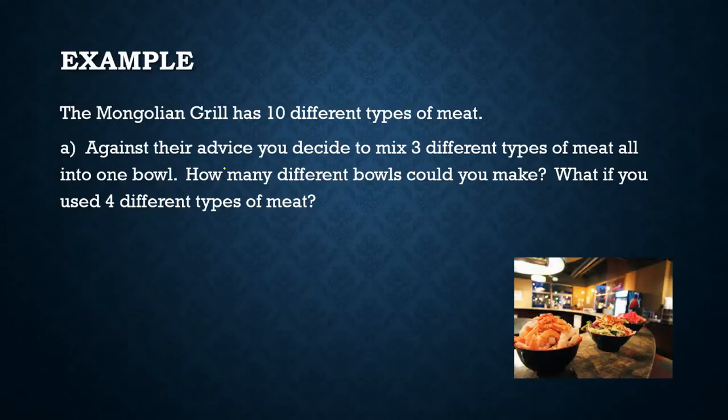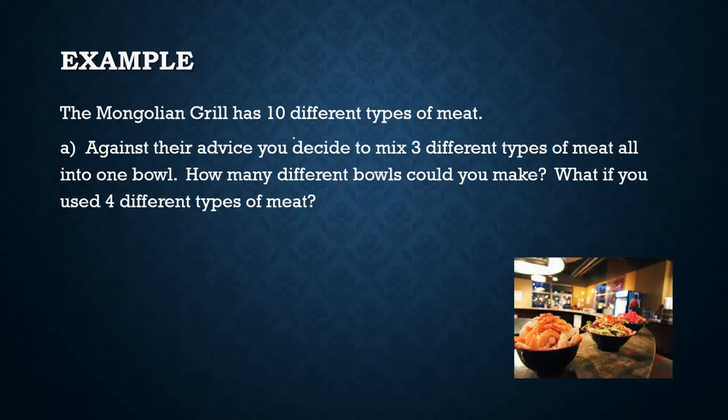You were advised to only have one type of raw meat, but we usually disregarded that and tried to one up each other. But let's say, against your friend's advice, you put 3 different types of meat into a bowl at the Mongolian grill, and there are 10 types of meat to choose from.